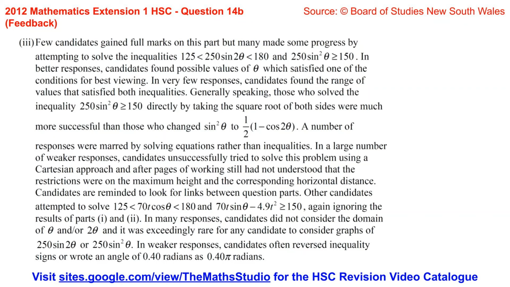Again, ignoring the results of part 1 and 2. In many responses, candidates did not consider the domain of theta and or 2 theta, and it was exceedingly rare for any candidate to consider graphs of 250 sine 2 theta or 250 sine squared theta. In weaker responses, candidates often reversed inequality signs or wrote an angle of 0.40 radians as 0.40 pi radians.